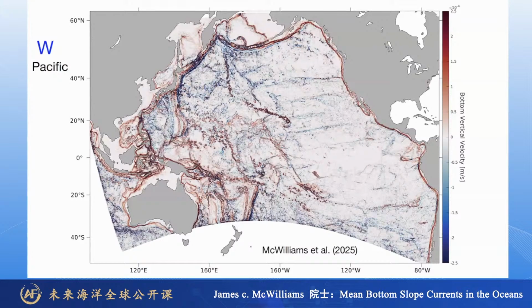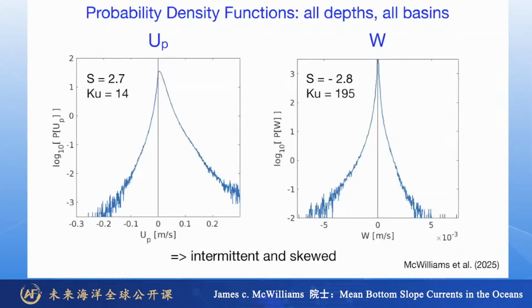If we shift to a more statistical view, and here we're looking at the time average statistics in all spatial locations at all bottom depths in all basins, what you see is that the PDF, first of all, is intermittent. That is, there are long tails.